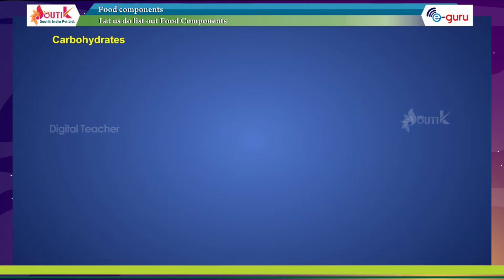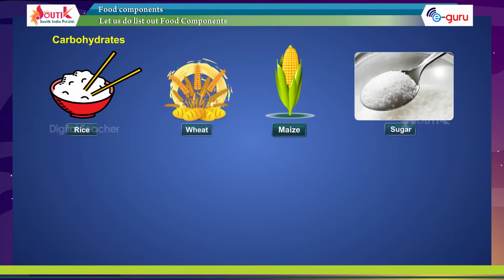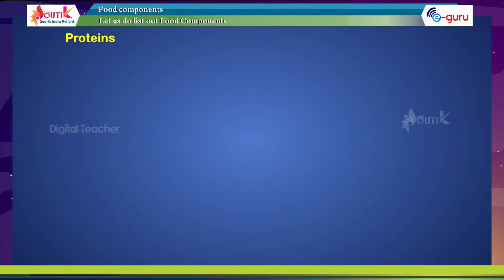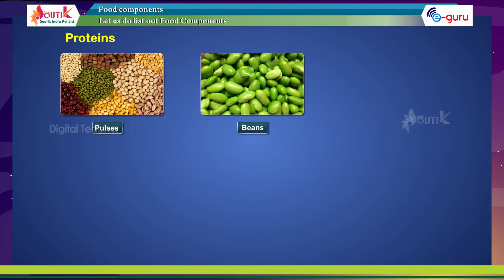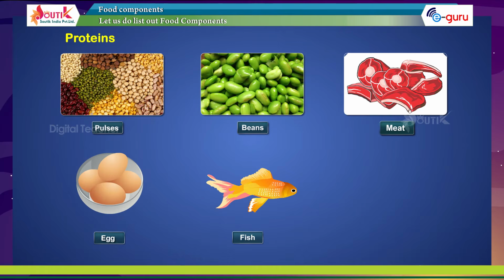Carbohydrates: rice, wheat, maize and rye, sugar, potato, bread. Proteins: pulses, beans, meat, egg, fish and peas.